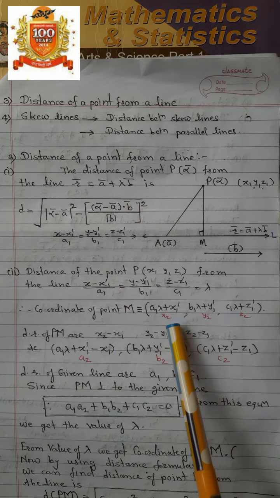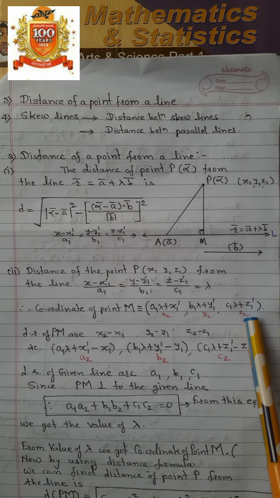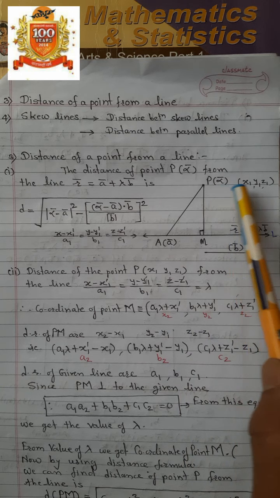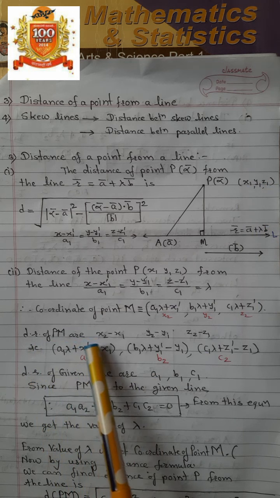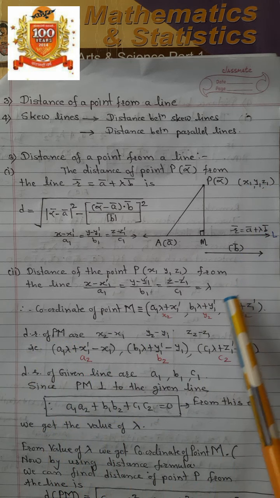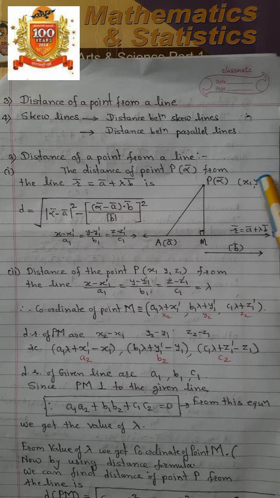By using this, from the Cartesian equation of line, we get the coordinates of point M. Suppose we denote the coordinates of point M as x2, y2, z2, and the coordinates of point P are x1, y1, z1. Therefore, direction ratios of PM are x2 minus x1, y2 minus y1, z2 minus z1.